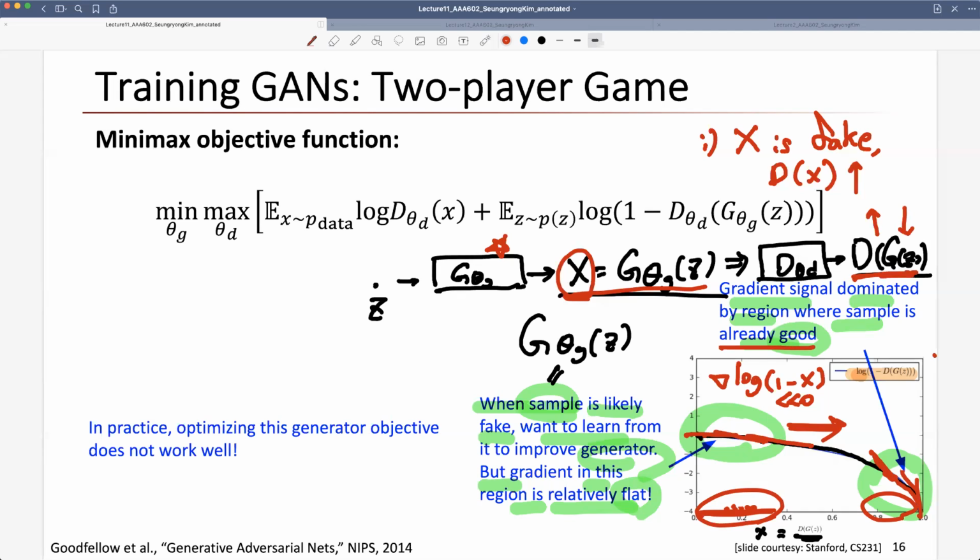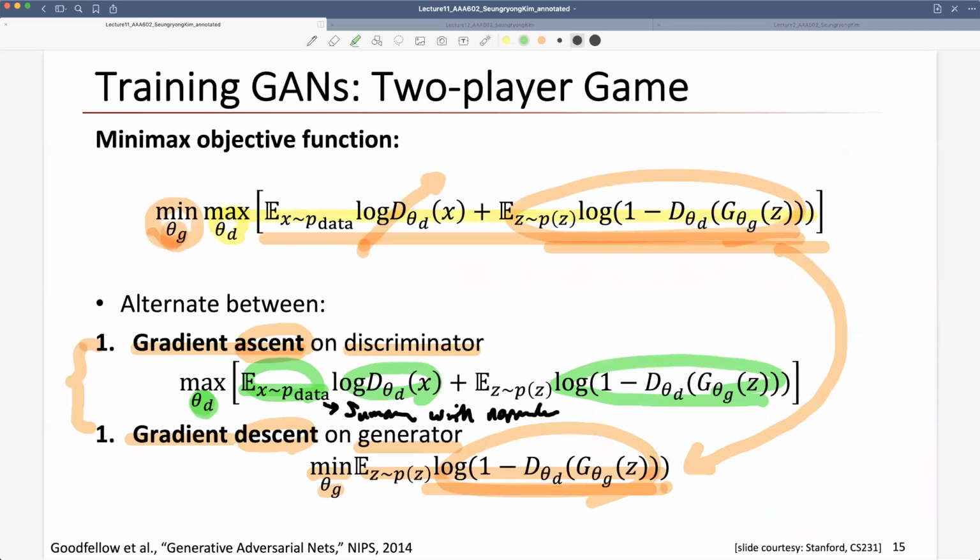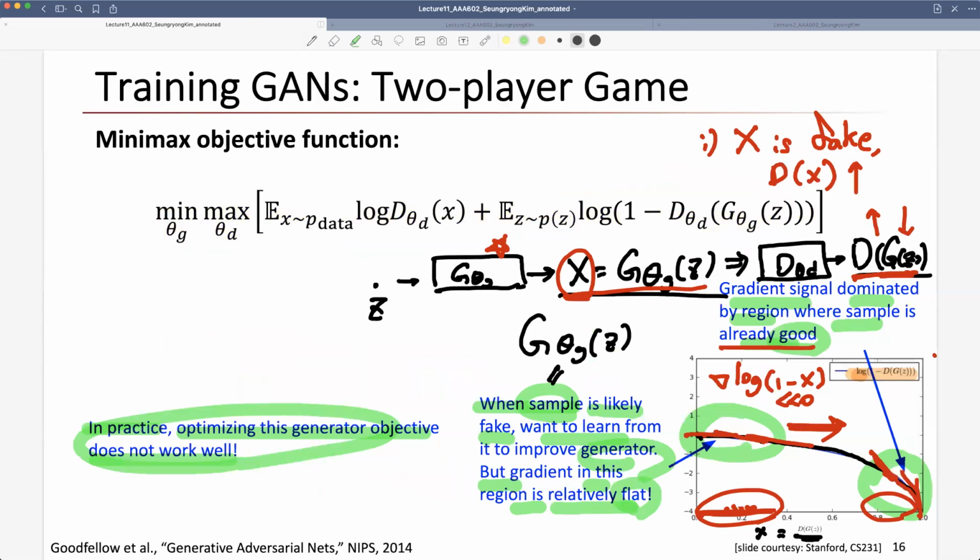So this is the limitation of the original optimization problem. In practice, optimizing this generator objective does not work very well due to this kind of phenomenon.